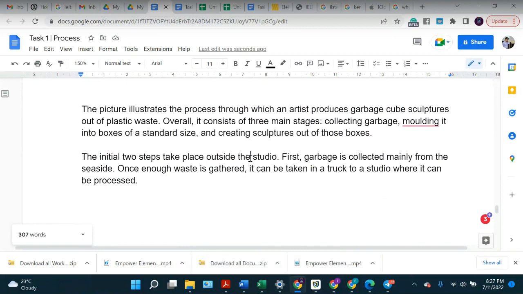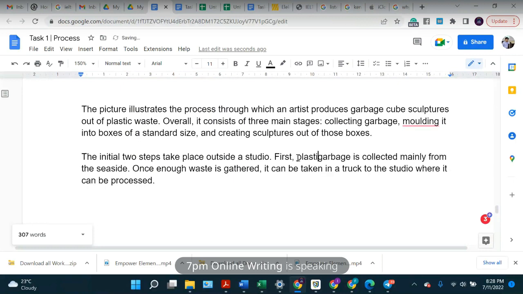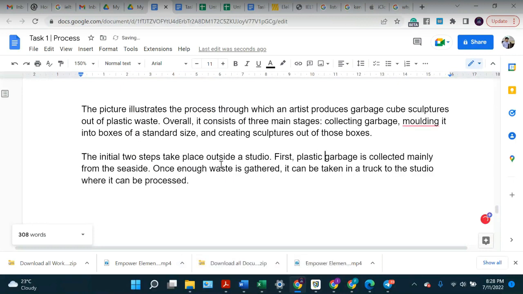Maybe we should say plastic garbage, to make it clear. And we didn't use the word studio before, so we have to say outside a studio, and then we can say the studio the second time we mention it. The initial two steps take place outside a studio. First, garbage is collected mainly from the seaside, so plastic garbage.